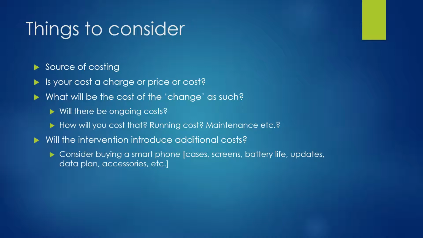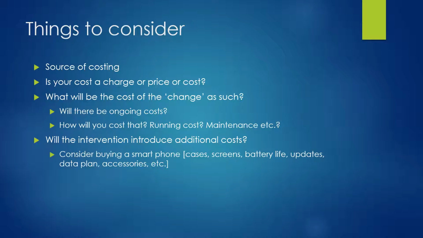Consider buying a smartphone. A lot of us buy a smartphone and don't even realize that it's not just the smartphone. It comes with, for example, a data plan. So if you are going to use something which is highly data intensive, you may spend more on ongoing maintenance of that phone, because it gives you things that you never used before and now you're using them, watching movies online and all of that.